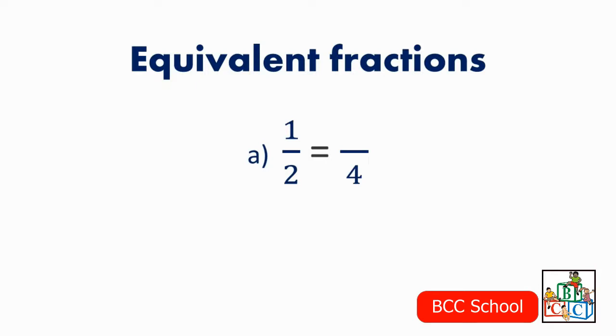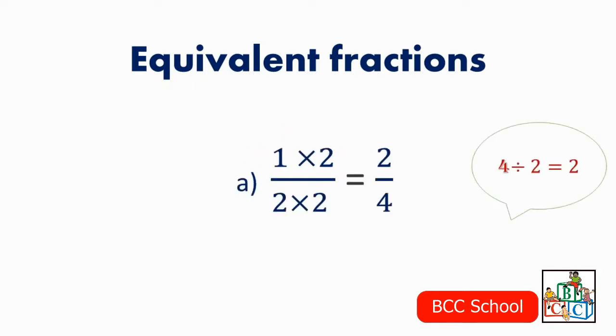Pour savoir par quel chiffre il faut que je multiplie 2 pour avoir 4, je vais prendre 4, je vais diviser par 2. 4 divided by 2 gives me 2. Donc, je dois multiplier 2 par 2 pour avoir 4.